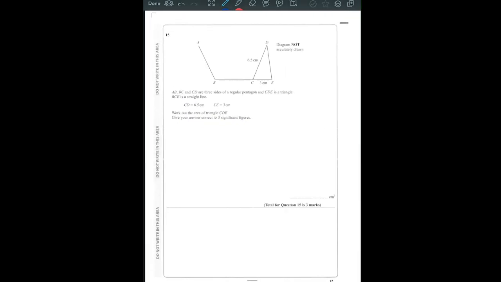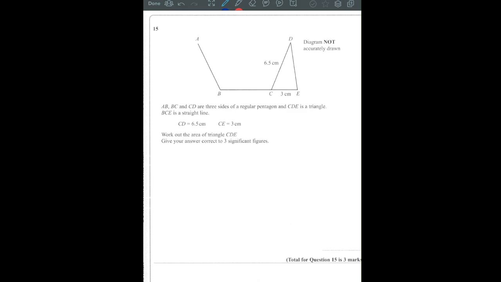Question 15. We have 3 sides of a regular pentagon and a triangle with some side lengths. We want to try and work out the area of this triangle. Give your answer to 3 sig fig. That implies we're going to do some calculation which doesn't give a whole number answer. Well, to work out the area of a triangle, we have one of 2 formulae.